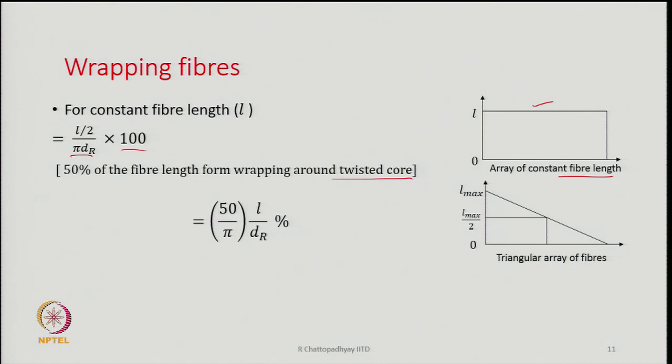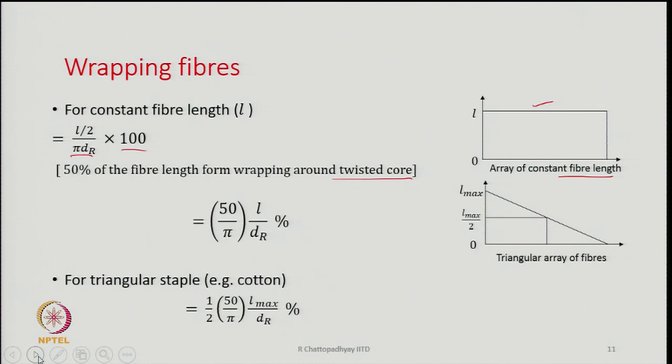Whereas for triangular staple length, which is close to cotton, this value is going to be half L max by 2 into 50 by pi into dr. So, when the fiber length is constant, this is L. When the fiber length is not constant and follows a triangular array, then we replace L by L max by 2.